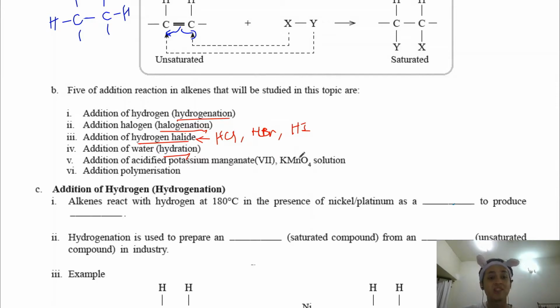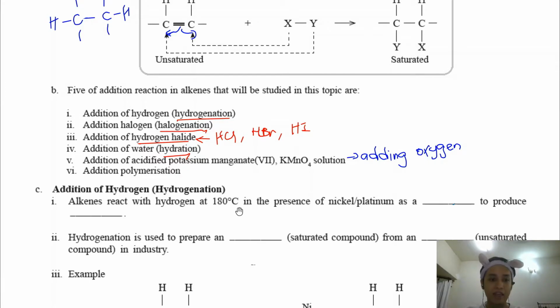Technically you're adding oxygen, because this is an oxidizing agent. Then polymerization, which you learned last year in chapter 9, so we will go through it very fast. I'm going to focus more on the first 5 reactions: hydrogenation, halogenation, hydrogen halide, hydration and acidified potassium permanganate.